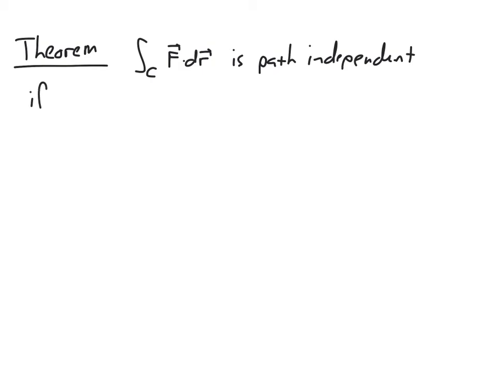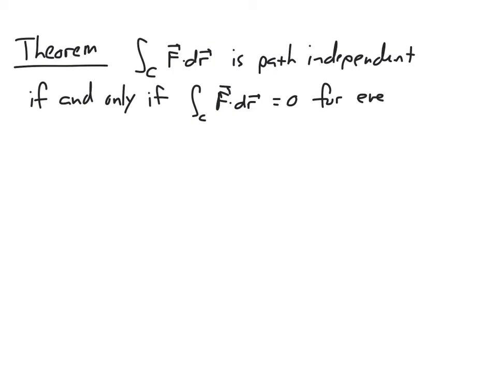It states that the line integral over C of a vector field f dr is path independent if and only if the integral over C of f dr equals 0 for every closed path C.